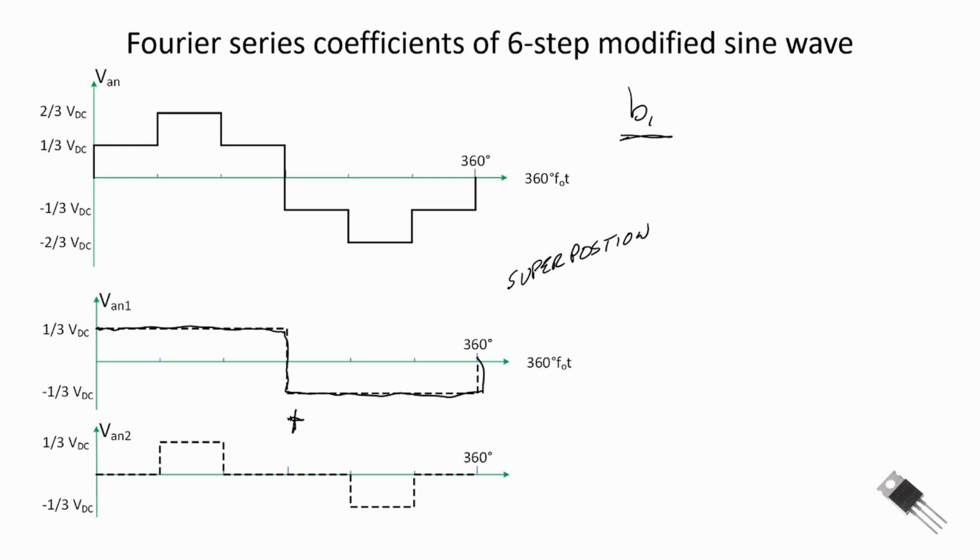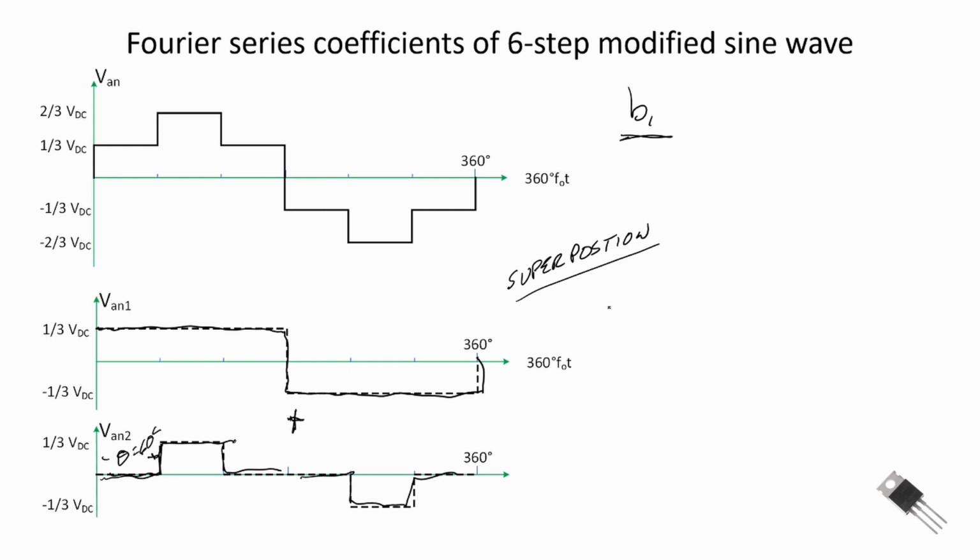And if we add to this other waveform that has a theta equal to 60 degrees, we will get the resulting waveform. So I have two waveforms that when we superimpose them together give us our modified 6-step waveform. And let's look at the Fourier series coefficients. And the Fourier series is a linear operation, so I can just use superposition.